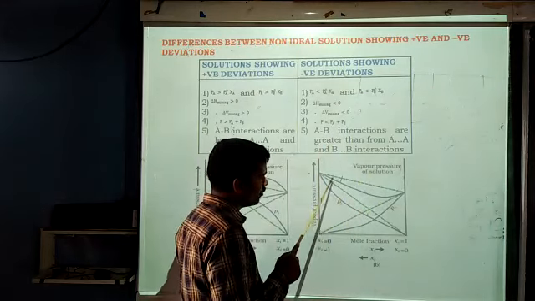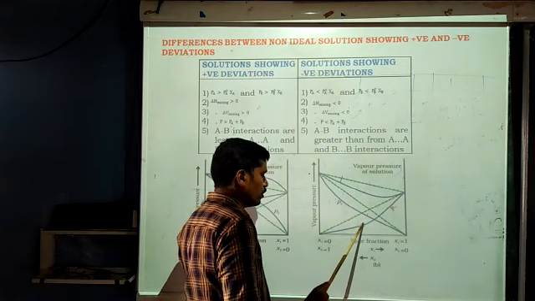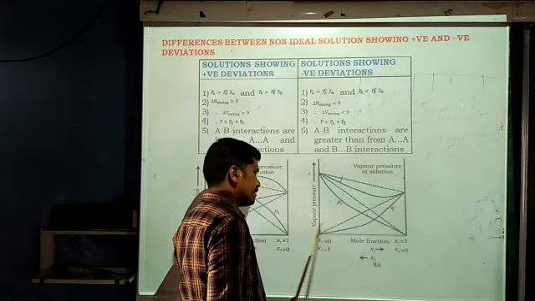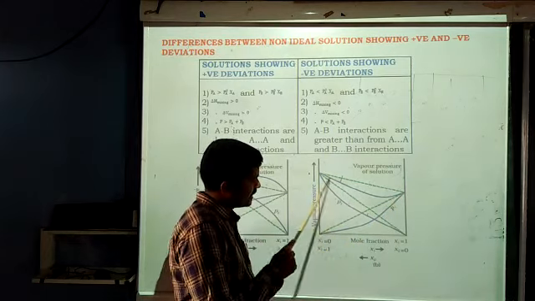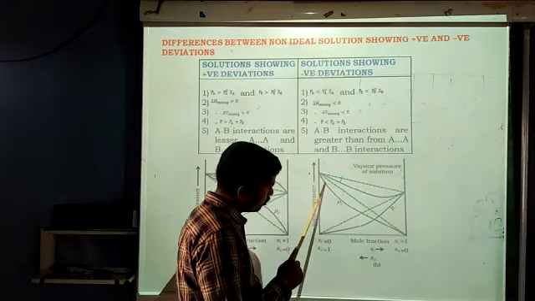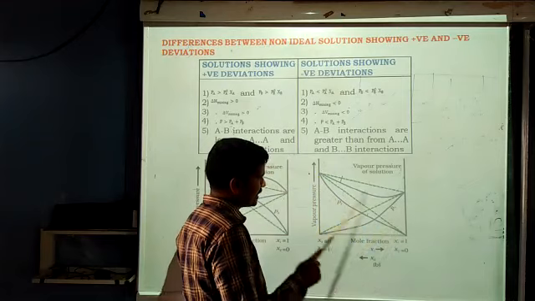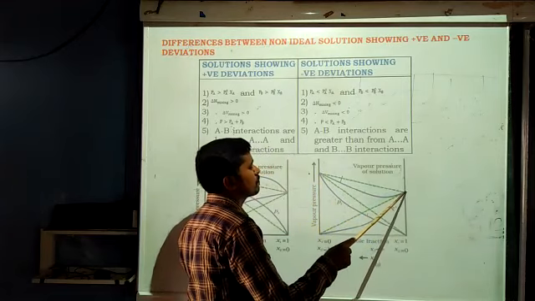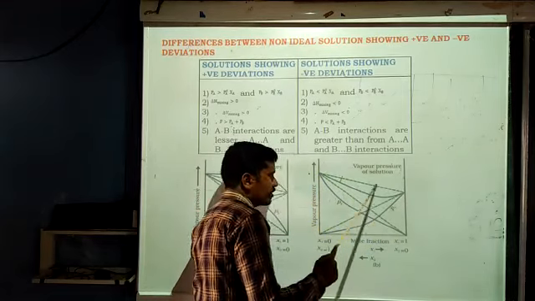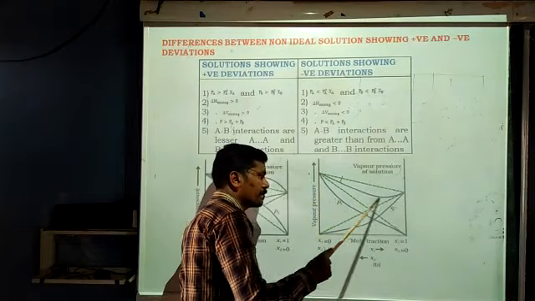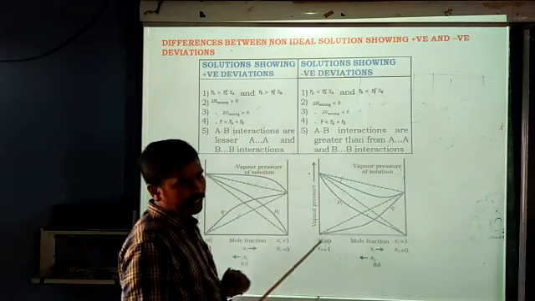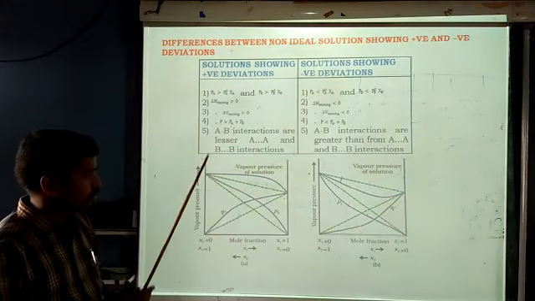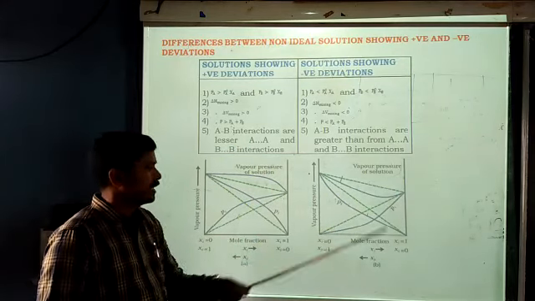As the pressure increases, the mole fraction of solvent increases, and the mole fraction of the solute decreases. It should be this much, but what is happening here? It is less. So it shows a lesser value of vapor pressure. So this is positive deviation, and this is negative deviation.